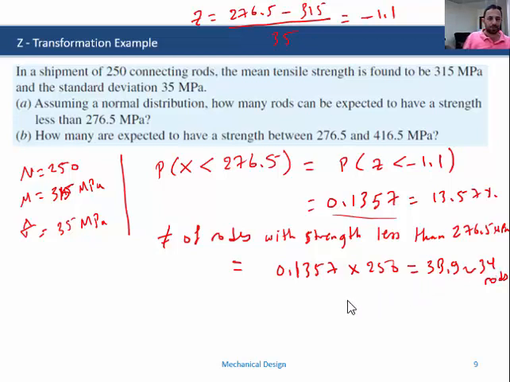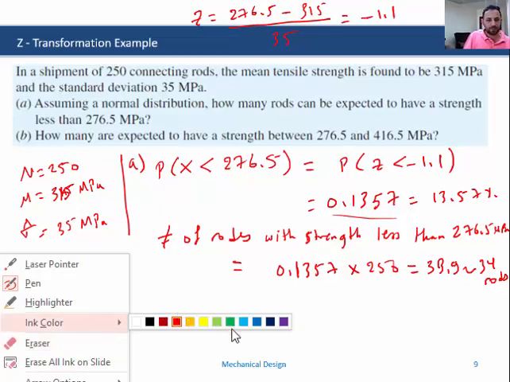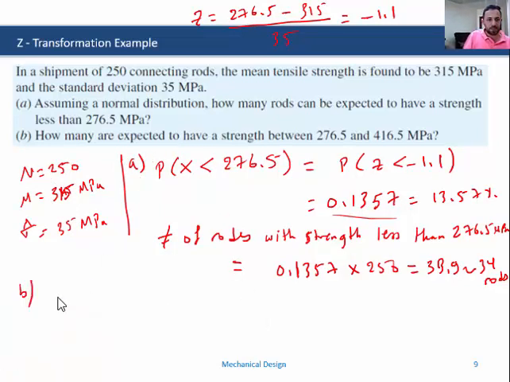276 megapascal. Part B, how many are expected to have a strength between, so this is part A, part B, probability between 276.5 and 416.5.